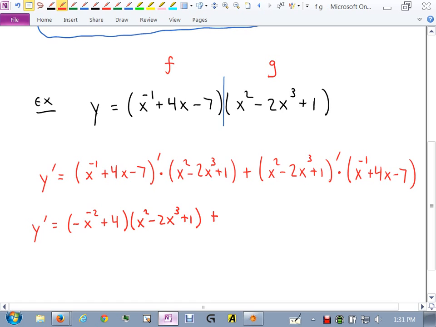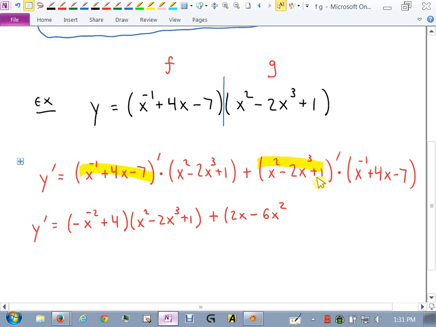Then plus, now the derivative of the g. So I'm just going to highlight in here the two things that we are taking derivatives of. Stuff that's not highlighted, we're not touching, right? Okay, so what is the derivative of that one? 2x minus 6x squared.